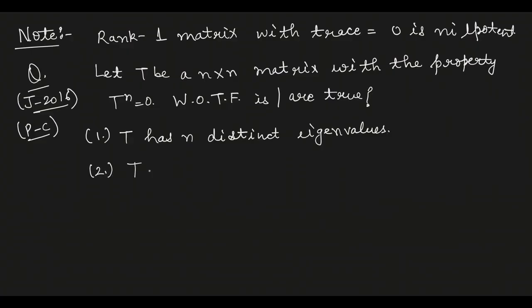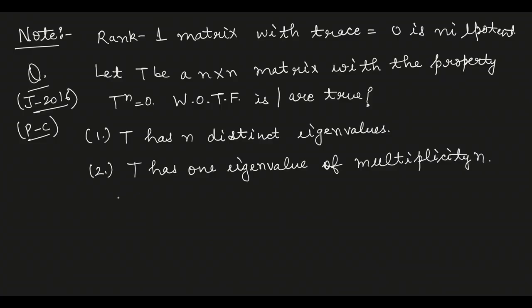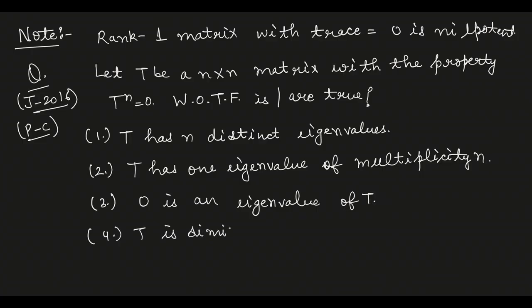Second option, T has one eigenvalue of multiplicity n. Third, 0 is an eigenvalue of T. Fourth, T is similar to a diagonal matrix.